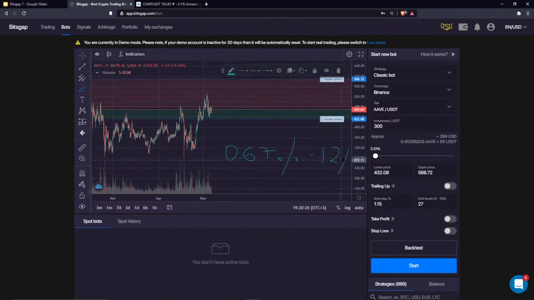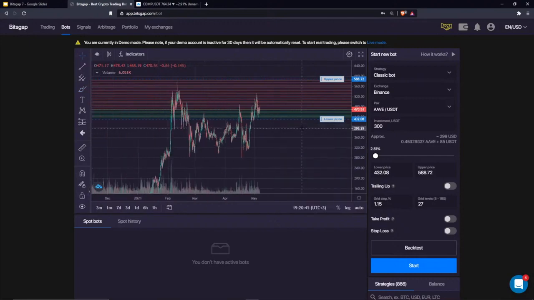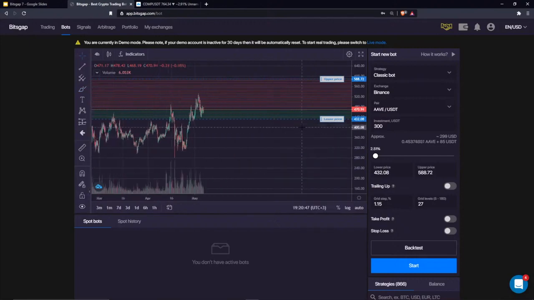That's my grid step range. I'm comfortable with it. It has proven to be successful for me. And that's why I stick with this configuration where I have my grid step from 0.67 up to 1.2%. I mean, it's just from my practical experience. It has proven to be successful. And this kind of range allows me to achieve around 30% monthly.